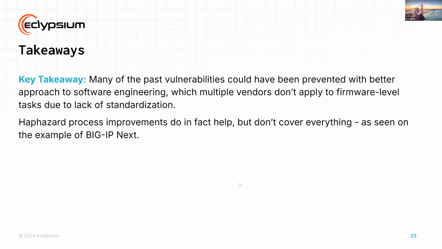The key takeaway is that many of the past vulnerabilities could have been prevented with a better approach to software engineering, which multiple vendors don't actually apply to firmware-level tasks. Again, there are no standards for this security, and people just do whatever they want. BIG-IP just read a bunch of these articles, I presume, and thought, okay, let's follow that, because we got bashed really badly by vulnerabilities, we got a lot of bad publicity, let's get rid of it.